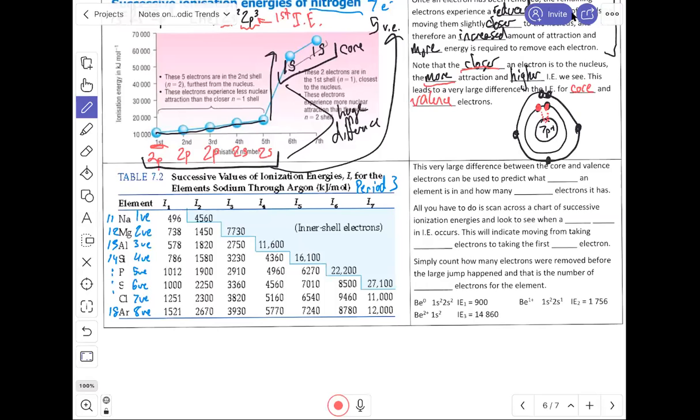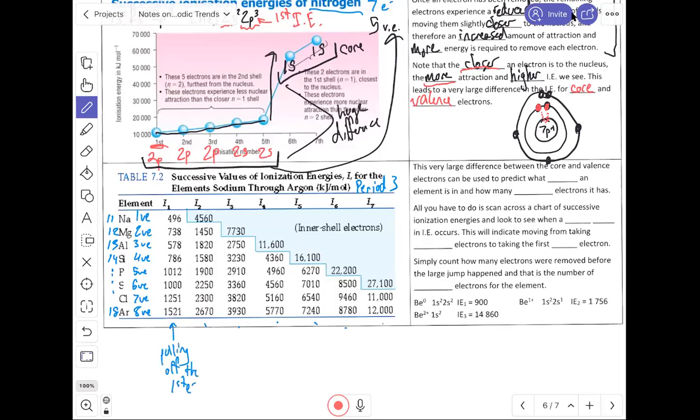Each one of these is pulling off the first electron, and then the second, and then a third, fourth, fifth, sixth, seventh. You keep pulling electrons off.